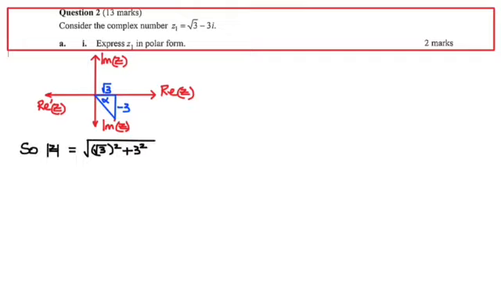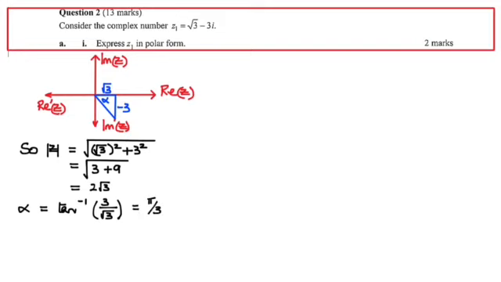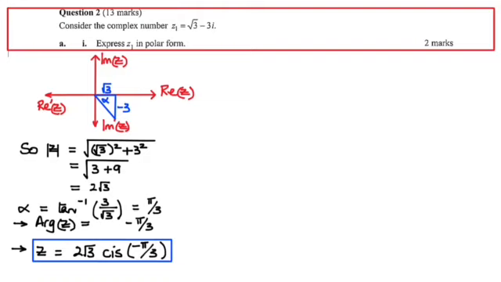And the modulus is going to be root 12, which would be, what's root 12, guys? Come on, quick. 2 root 3, isn't it? Yes, good. So 2 root 3, and the argument is minus pi on 3. So therefore, z is 2 root 3 cis minus pi on 3. Correct, yeah? 2 marks. Pretty easy for 2 marks.